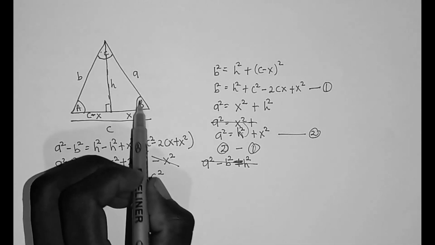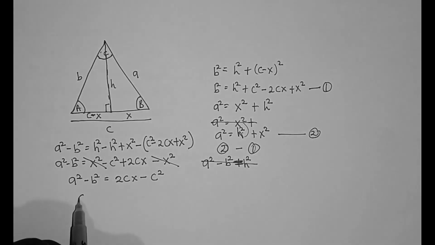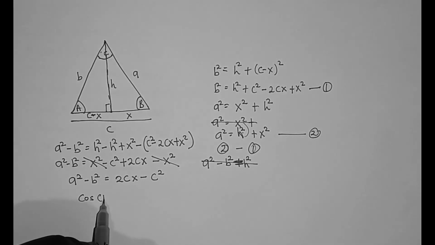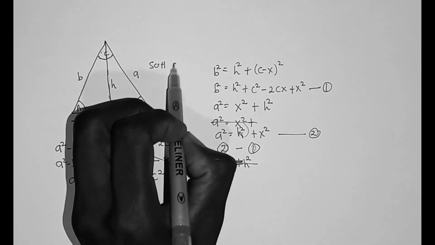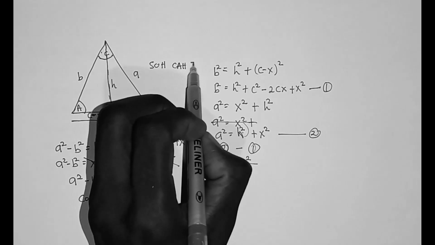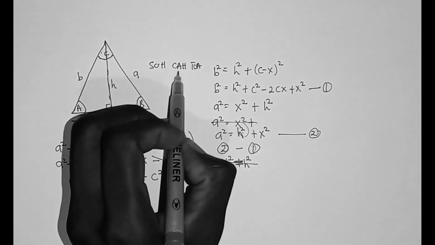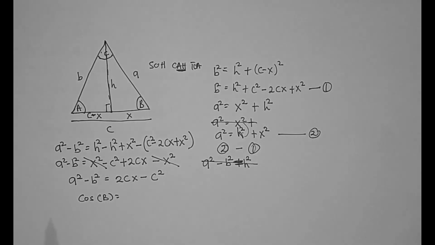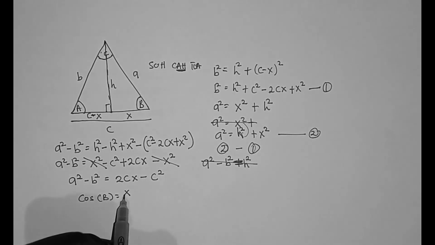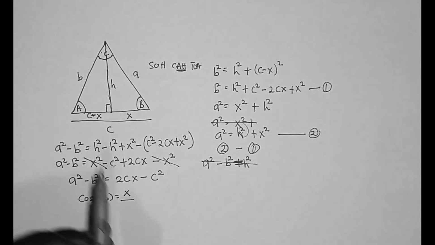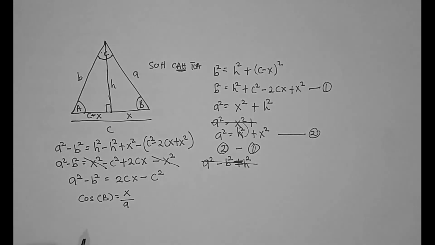Let's find cos b. What is cos b? Cos is using SOHCAHTOA, so cos is adjacent over hypotenuse. So cos b is adjacent, which is x, over the hypotenuse, which is a.